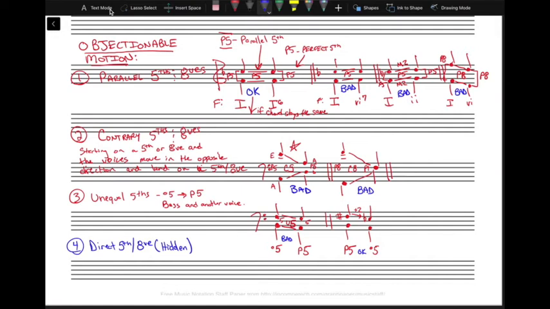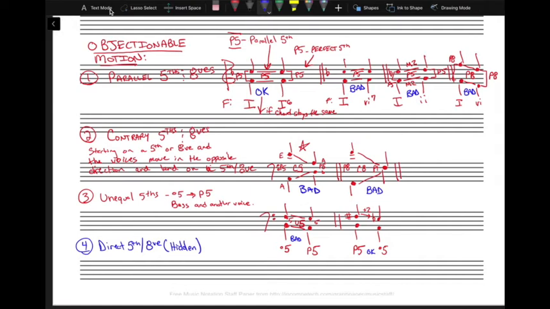So, a few things about this. Number one, it has to happen between the soprano and the bass voice. There has to be a leap in the soprano. And it needs to end, so it needs to land on a fifth or an octave.